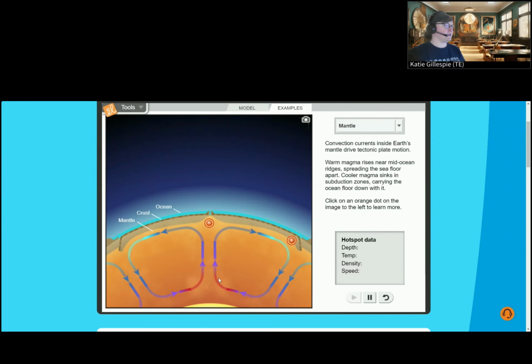What's happening as it's rising at the mid-ocean ridge and falling at the subduction zones? Japan sits on a subduction zone. That's where question number 3 comes from. What natural disaster did we talk about that happens at those subduction zones? You could pick 1 or 2, really. What do you think would be common in Japan?